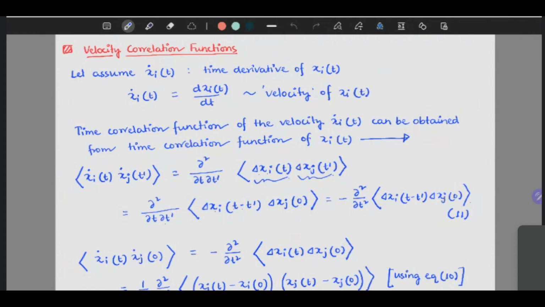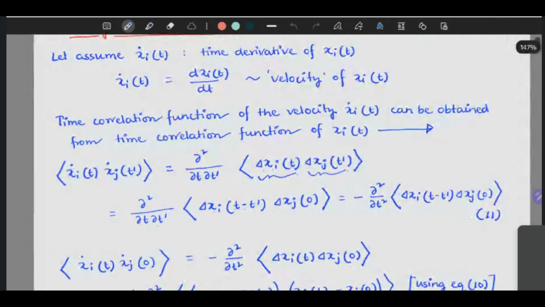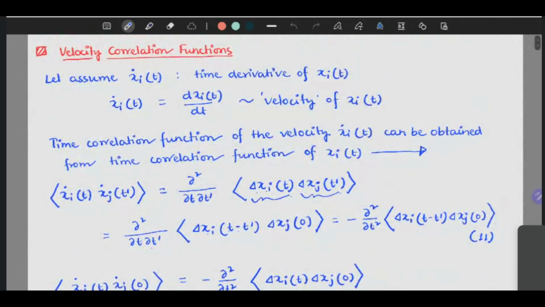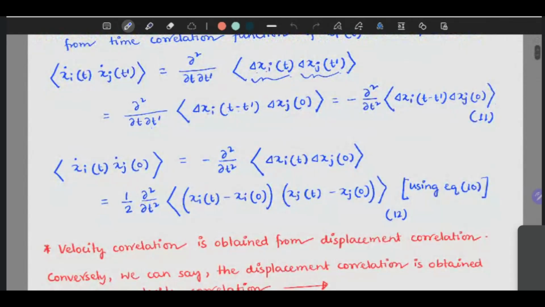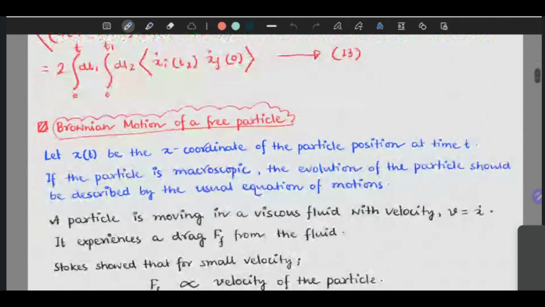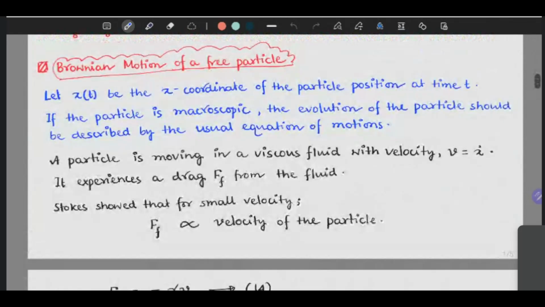If we talk about a certain variable xi, a physical quantity of that system, and we define a derivative of that, then we can get the time correlation function of the velocity from the position and time correlation by this relation.